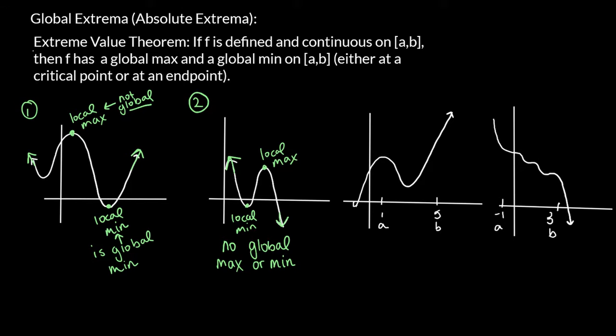So what the extreme value theorem is saying is, let's only think about part of a graph. Let's think about a closed interval of the graph where the function is both defined and continuous on that interval. So for example, for graph number 3, let's look at the closed interval from a to b, where a is going to be 1 and b is going to be 5.